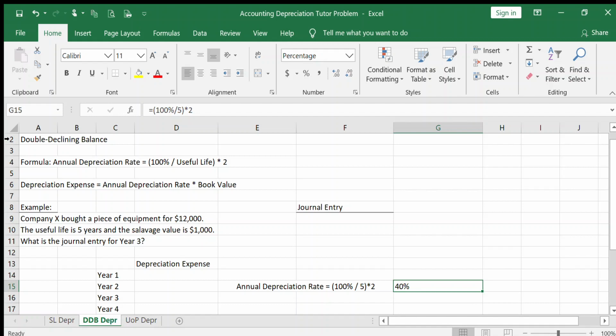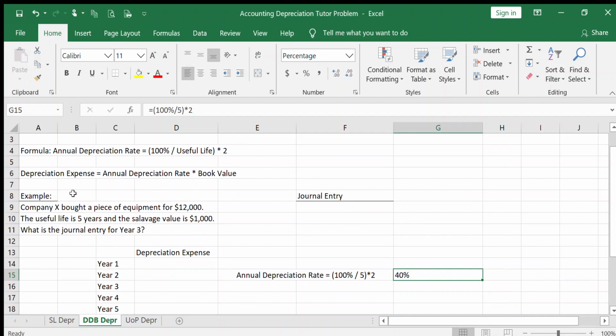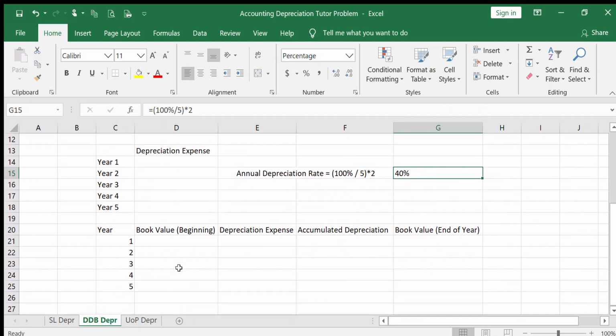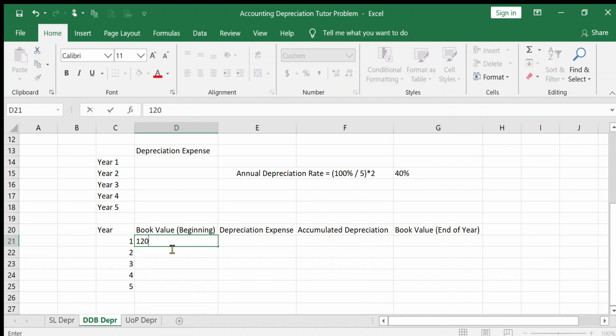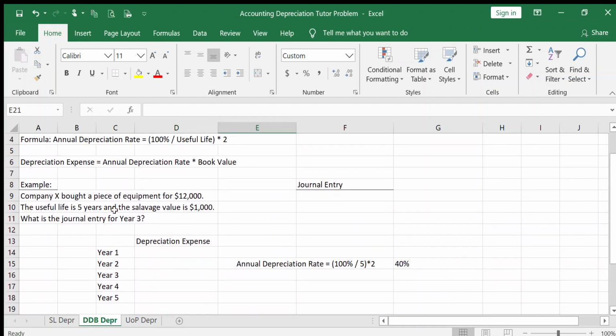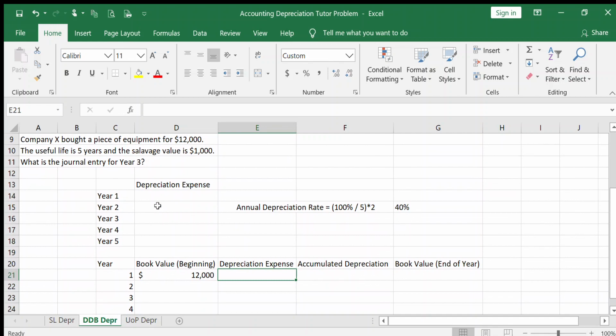That's what we're going to be multiplying our book value by every time in order to get our depreciation expense for each year. We're going to use this chart right here to help us navigate our depreciation expense for each year. We're going to put $12,000 for our beginning book value because the problem says we bought the piece of equipment for $12,000.